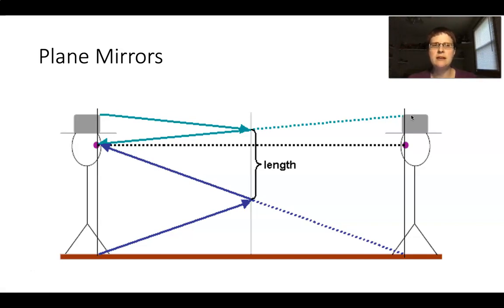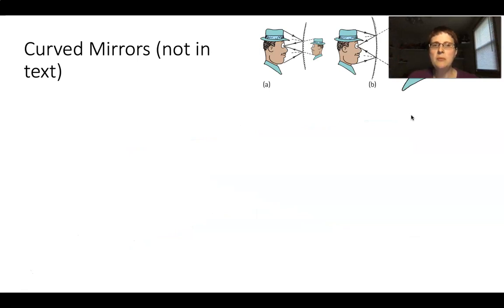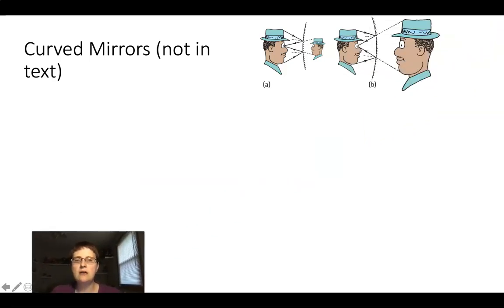So why am I talking about plane mirrors again? Well, I wanted to talk a little bit about some other things that you may run into that are not in your text. So curved mirrors. So curved mirrors are interesting because they do reflect, but they reflect differently than plane mirrors because of their curved surface.